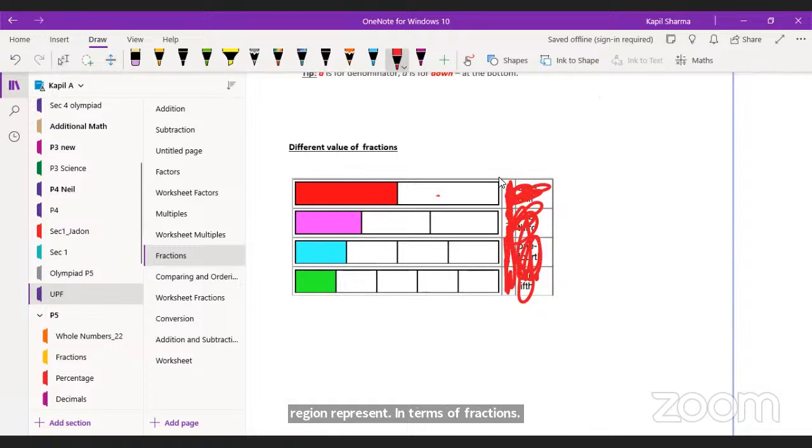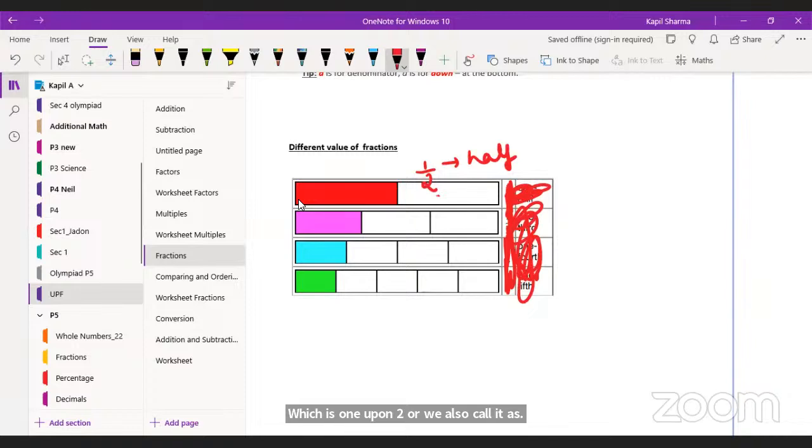Yes, anyone? Yes, correct. It's half. Here you can see a bar that has been divided into two equal parts, and we have shaded 1. So it's basically 1 out of 2, which is 1 upon 2, or we also call it half.